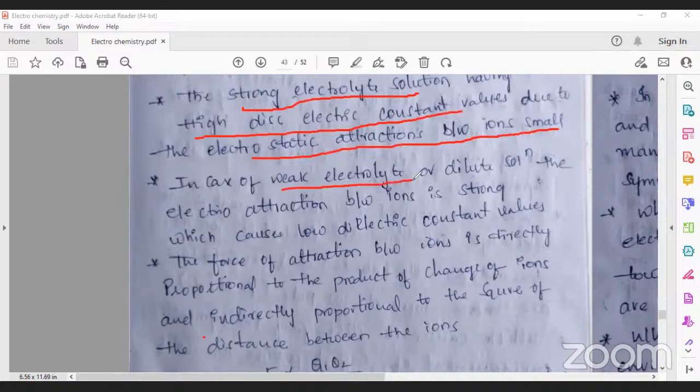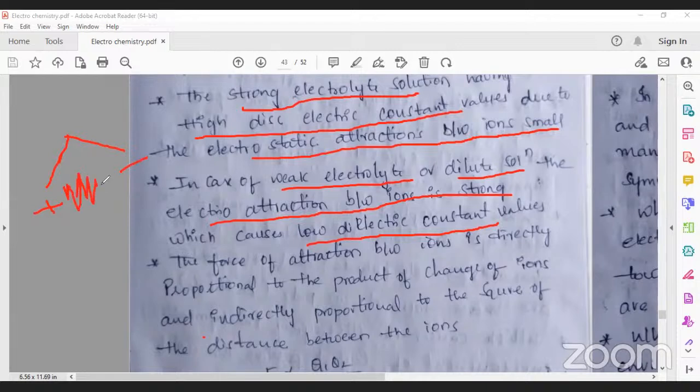In case of weak electrolytes or dilute solutions, the electrostatic attraction between the ions is strong, which causes low dielectric constant values. Strong means it gives complete ions. This is the positive ion and negative ion. The attraction between these two ions is very small, therefore this gives high dielectric constant values.